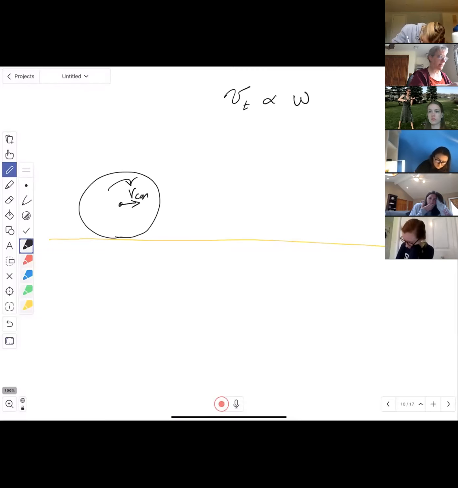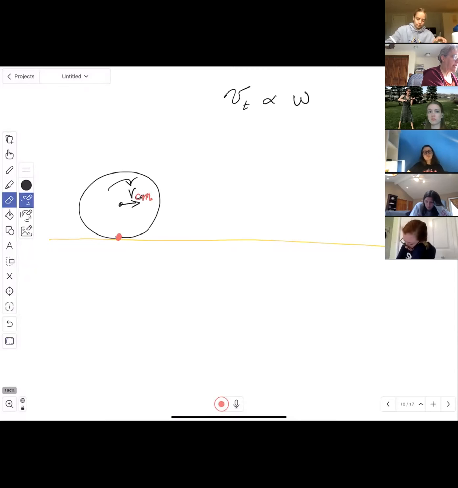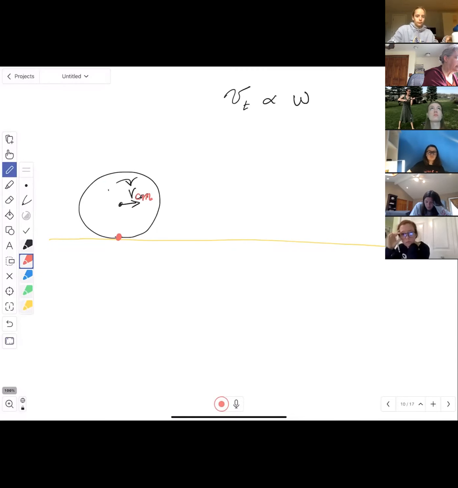So let's do a thought experiment. And I'm going to take this little location on the wheel. And now I'm going to have that wheel roll over to the right, since I have that velocity of the center of mass point sitting there. I know it's rolling to the right, and I've got omega here written such that it would be going again to the right.